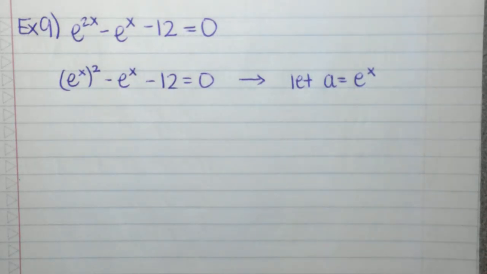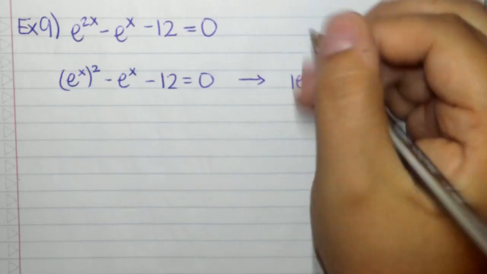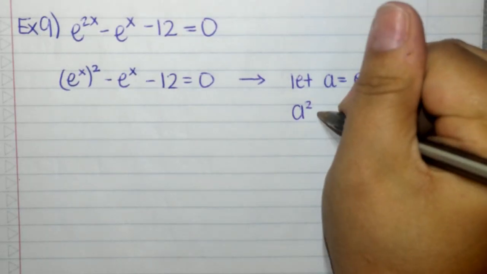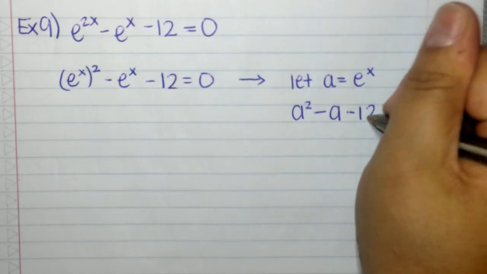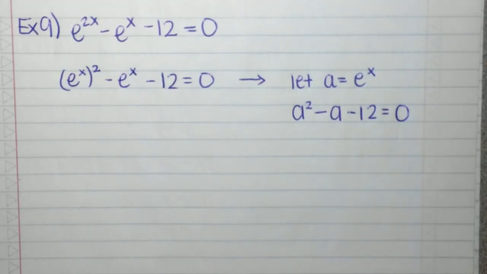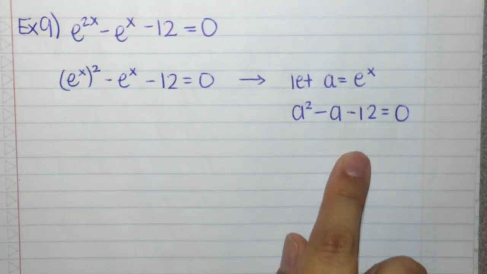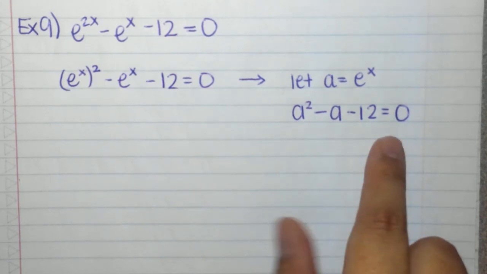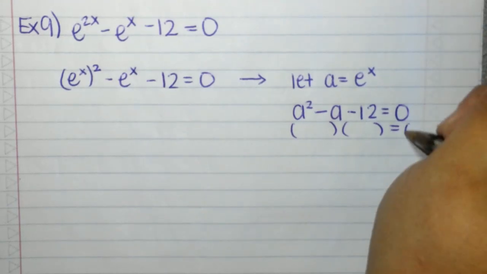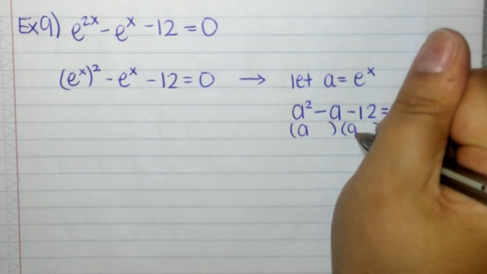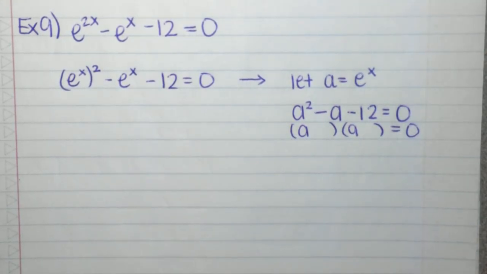A squared minus a minus 12 equals 0. Does that look more manageable to you? What would you do next if this was the problem? Factor it. What factors of negative 12 give me negative 1?